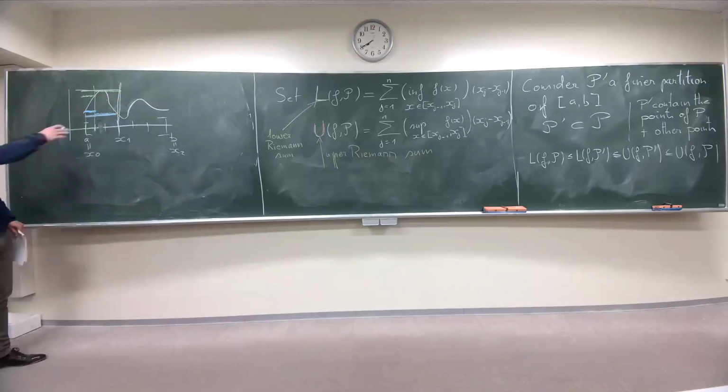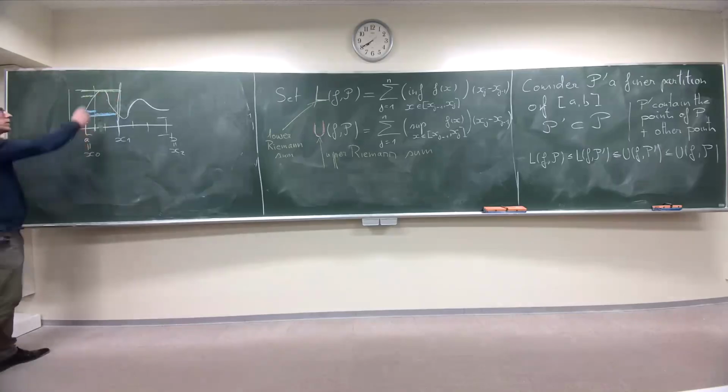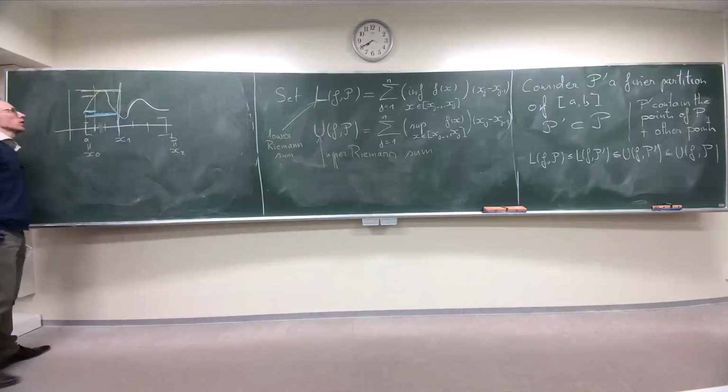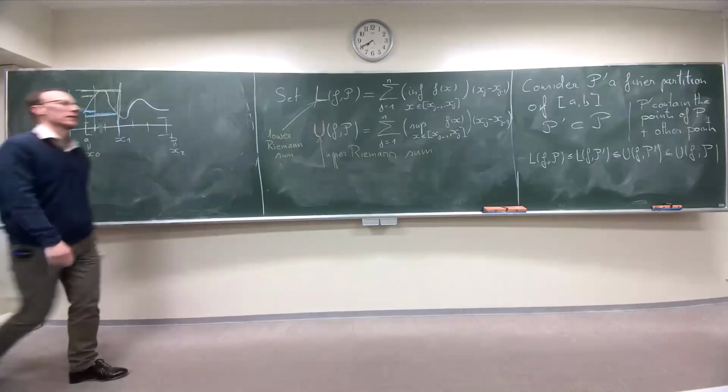So it takes 1 minute to observe this. On the other hand, for the upper Riemann sum, we have a decay, because the biggest value on a subinterval is always smaller or equal to the biggest value on a bigger interval. So please think about this.